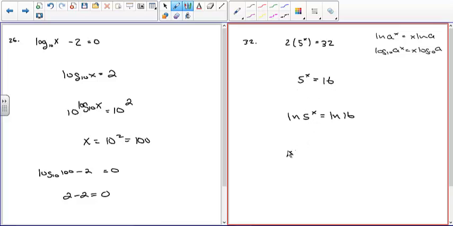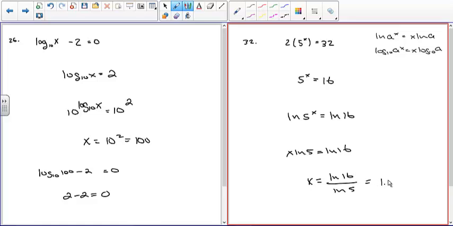Then I bring x out, and then I divide by the coefficient in front of x. So there I get natural log of 16 divided by the natural log of 5.